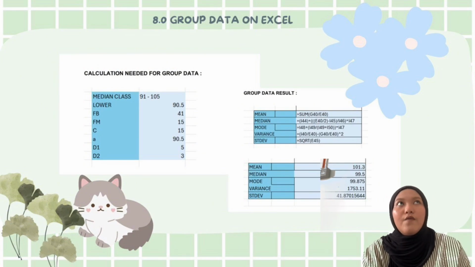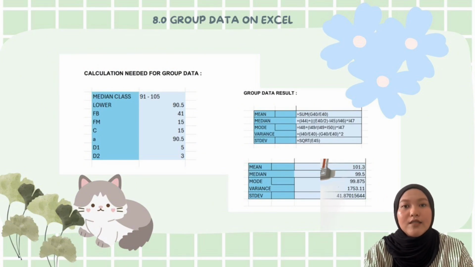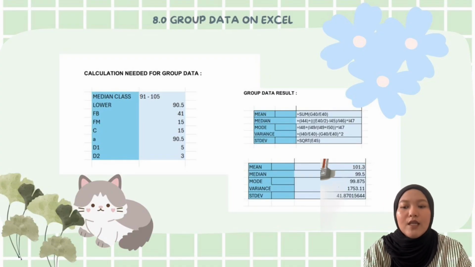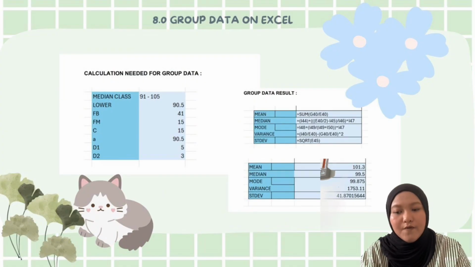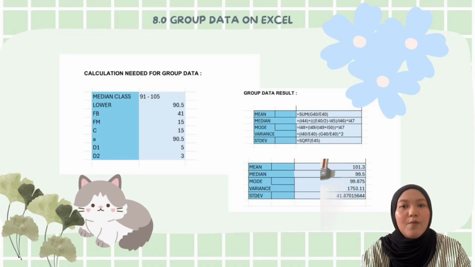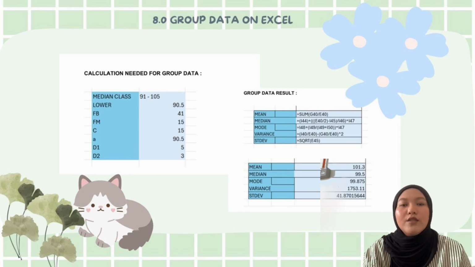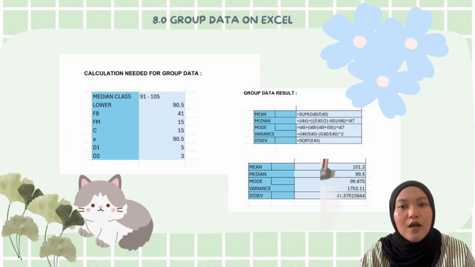For this calculation in Excel, the answer we get for mean is 101.3, for median we get 99.5, for mode 99.875, for variance 1753.11, and for standard deviation 41.87. So here are all the results for grouped data.